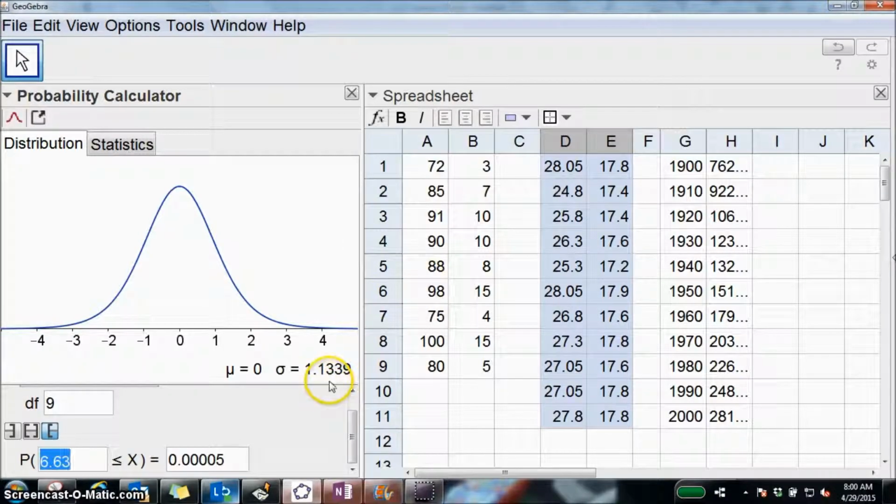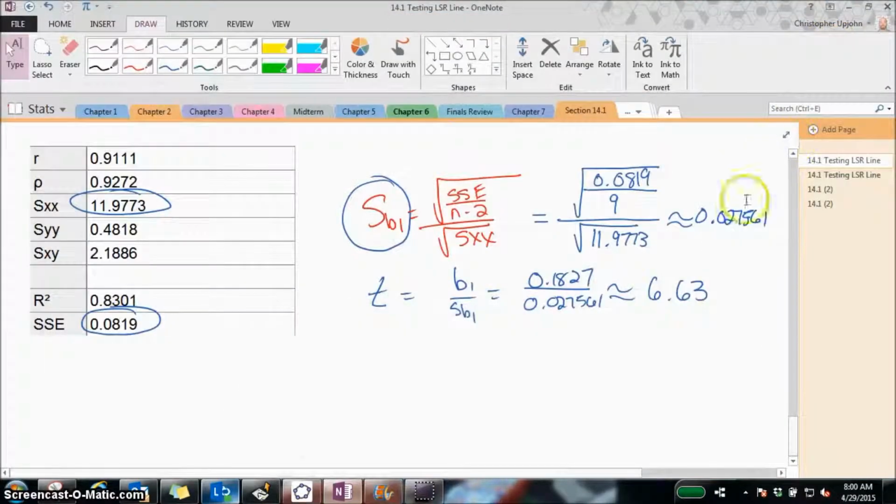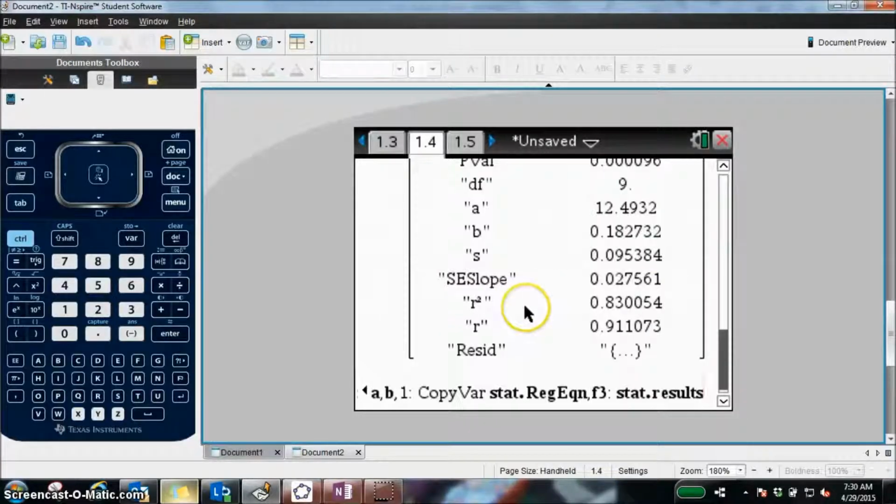So that's the way we're going to have to go about it. Unfortunately, you have to do it this long way to find the standard error of the slope. All right, sorry about that. No, we cannot do this on GeoGebra, so the Inspire is the way to go. The data that we need is our SE slope, which is SB1.